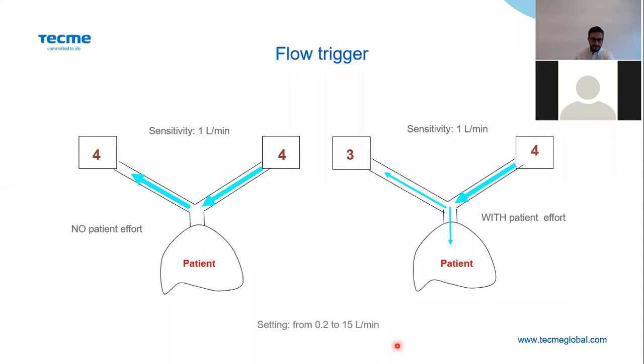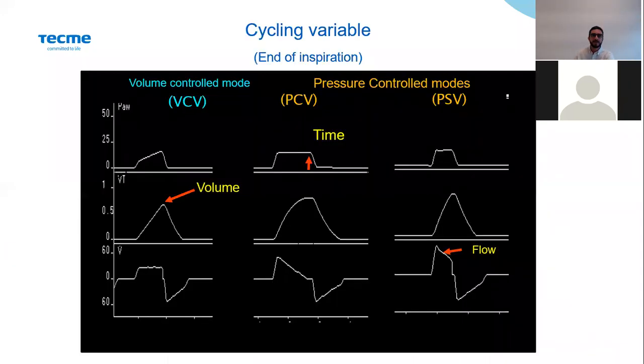So let's continue. And here we have the other phase variable. So we have already talked about the triggering, we have already talked about the limit, and now we are going to talk about the cycling variable. In this case, it is the end of the inspiration. It's when it changes between inspiratory to expiratory.